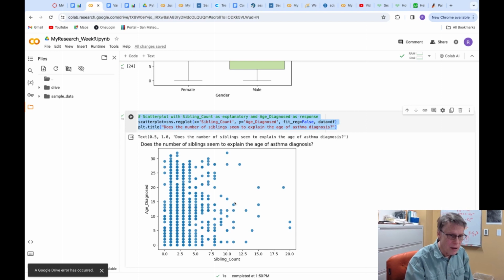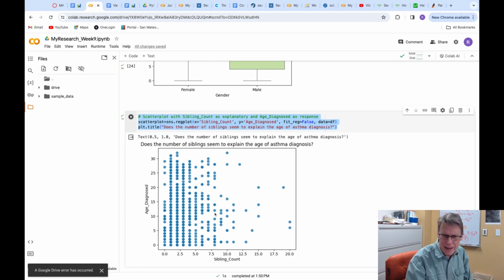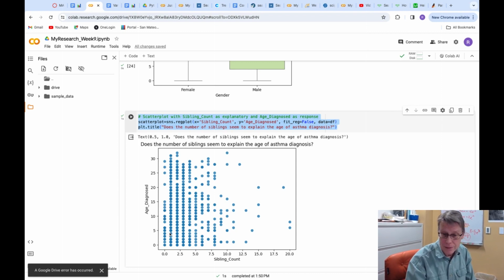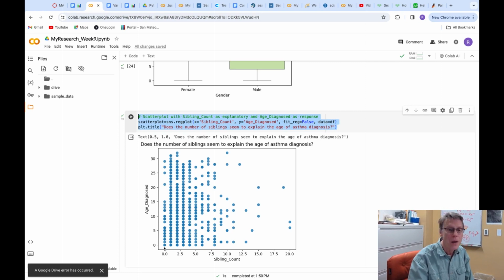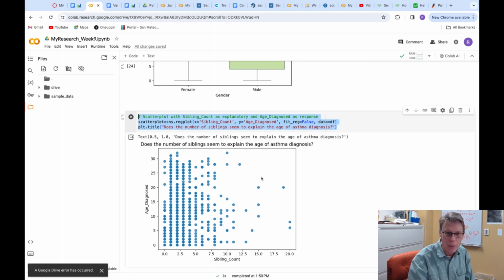If there's an association and it's what's called a linear association, then you're expecting these dots to line up a little bit. Like, for example, if what I suspected were true, that the more siblings you have, the older you are diagnosed with asthma, because they don't have time to take you to the doctor when you were younger, they had too many kids running around, I don't know, making that up, right? Then you would see these dots kind of line up as I go forward: the more I'm over here on the right, the more I'm up here towards the top.